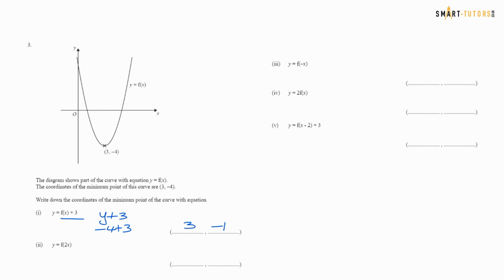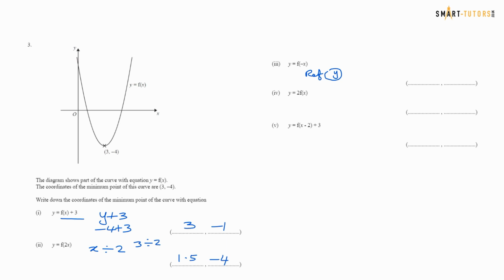Y equals f of 2x. 2x means the x coordinate is divided by 2. The x coordinate is 3, 3 divided by 2 is 1.5. The y coordinate has no change. Y equals f of minus x. Minus x means reflection on the y axis.